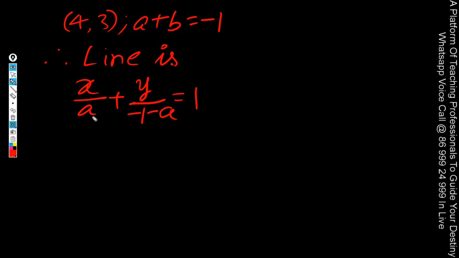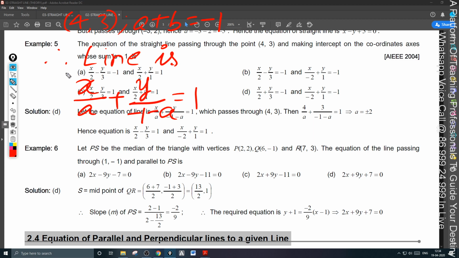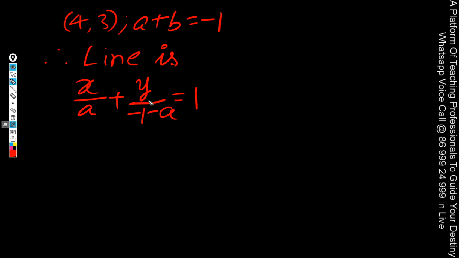Whether the sum of the intercepts is minus 1 or plus 1, let me check once. Coordinate axis whose sum is minus 1. Whose sum is minus 1, correct? Is equal to 1. But this passes through 4 and 3. 4 comma 3. The point 4 comma 3.